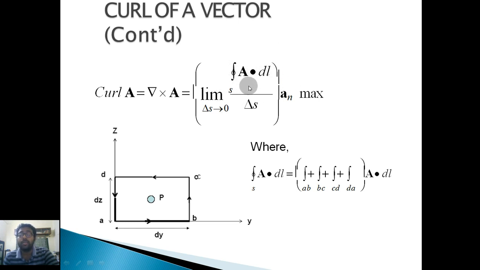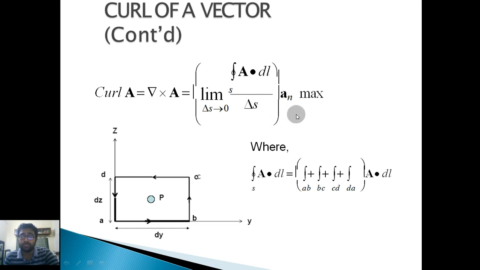A dot dl represents the line integral. If we take a line integral over a closed path, it gives us the circulation of the specific vector, here the vector A. This value is divided by del S, where del S is the infinitesimally small surface area.